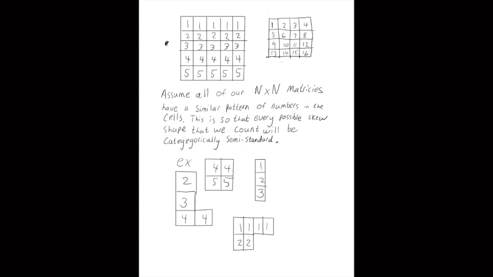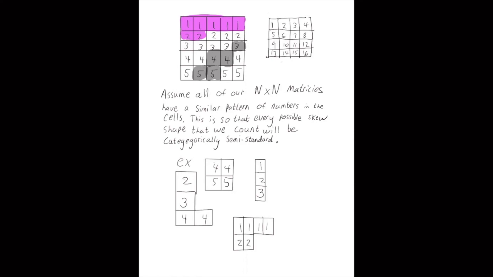This matrix does help demonstrate that two adjacent matrices are distinct. So this 2x2 matrix and this 2x2 matrix are both distinct shapes, and we want to make sure to count all of those.